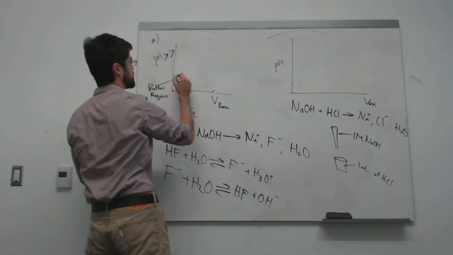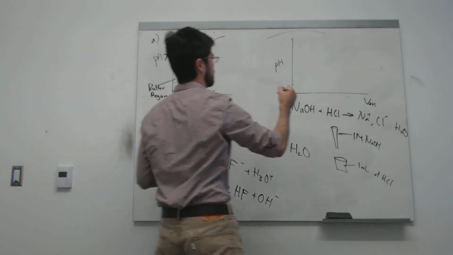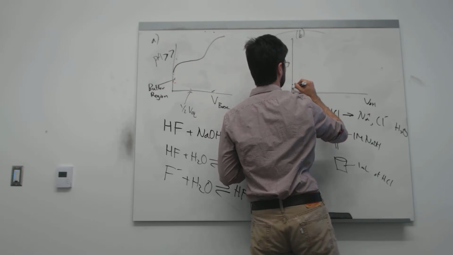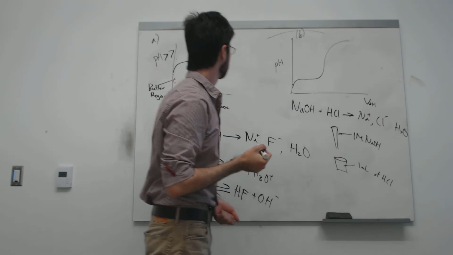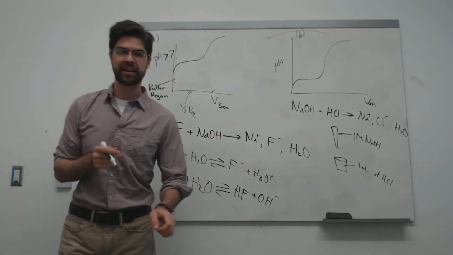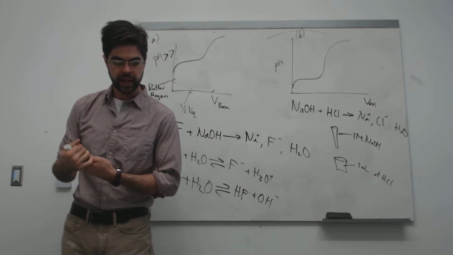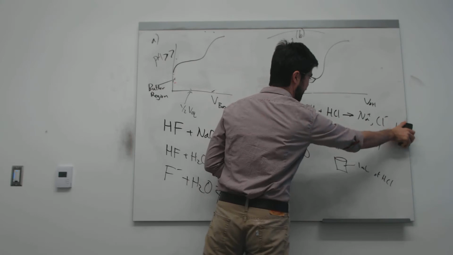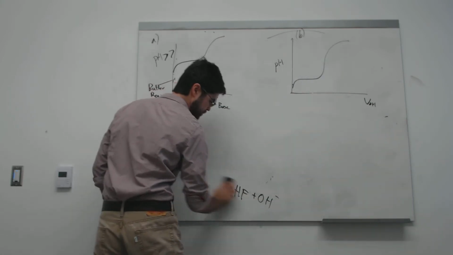One of them was A, and it looked like this. B looked like this. So for people who are in my 9 a.m. class, I changed the wording of this question a little bit. The way I first asked it, I asked which one has a higher Ka value. These are two different weak acids.